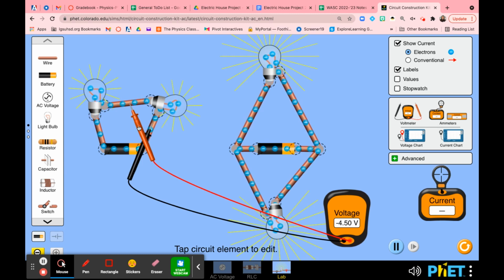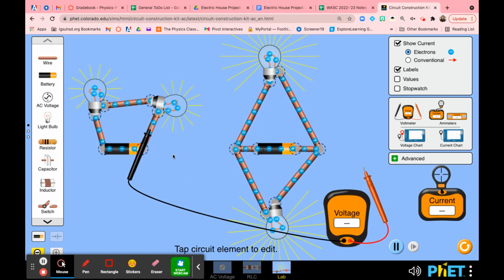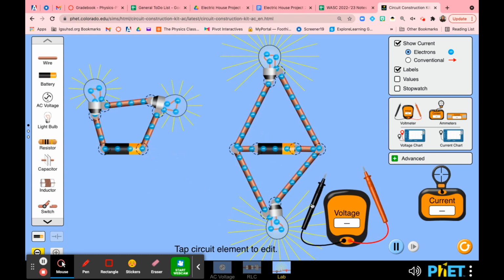That's your resistor. So you're making some comparisons between the relationship of the current in a series versus the relationship of a current in a parallel, the relationship of the voltage in series and voltage in parallel, as well as the brightness. And then we're going to wrap it up into a conclusion.